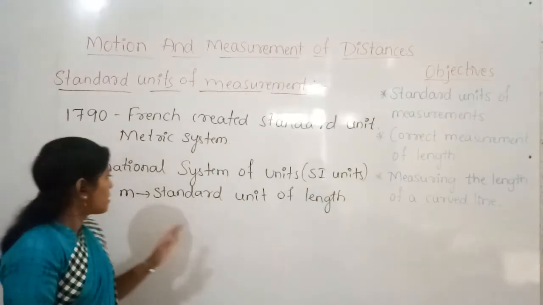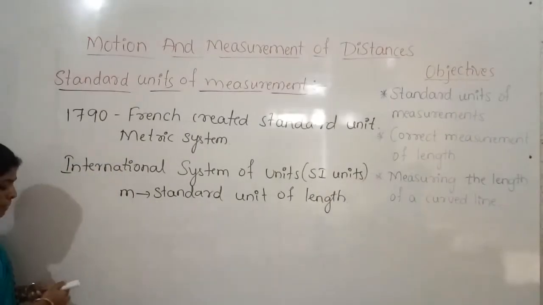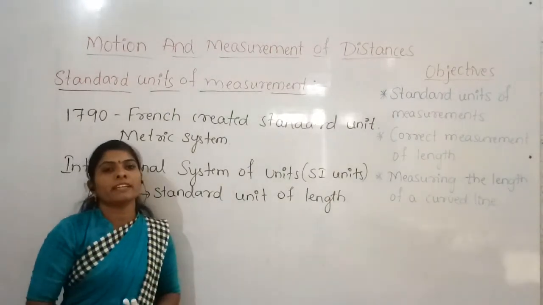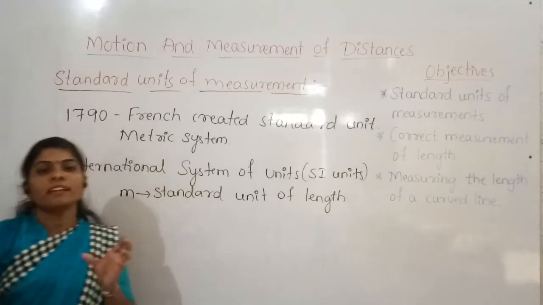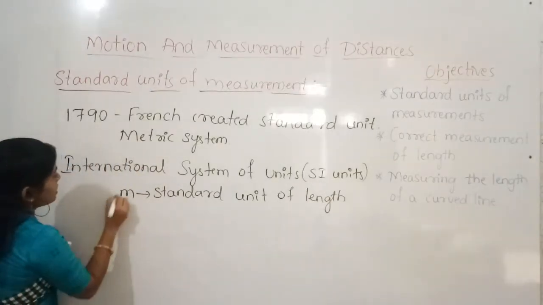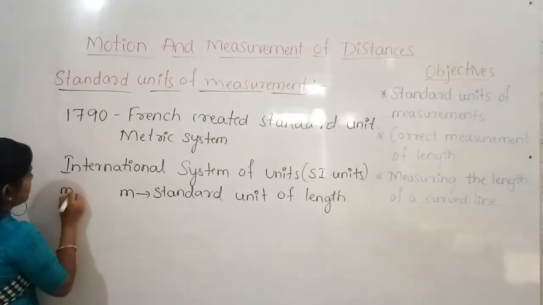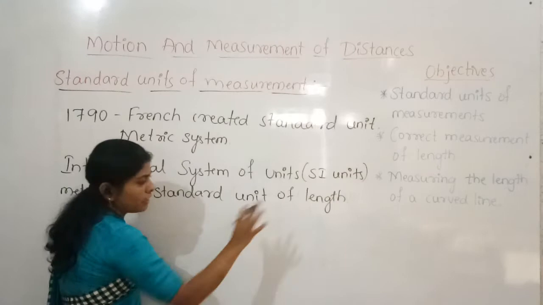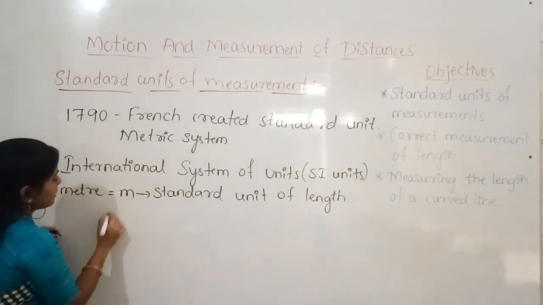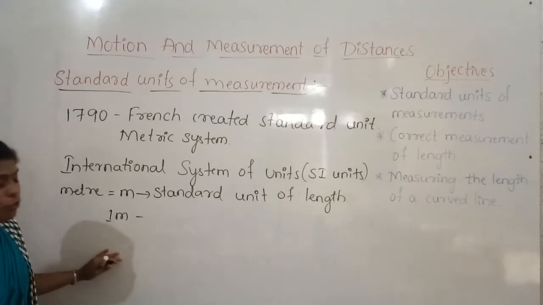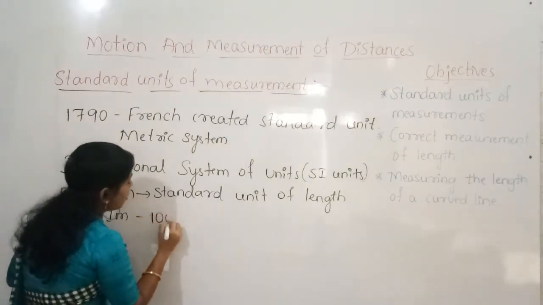And this meter, 1 meter, is equally divided into 100 equal parts. So this meter is the standard unit for length, and 1 meter is divided into 100 equal parts.